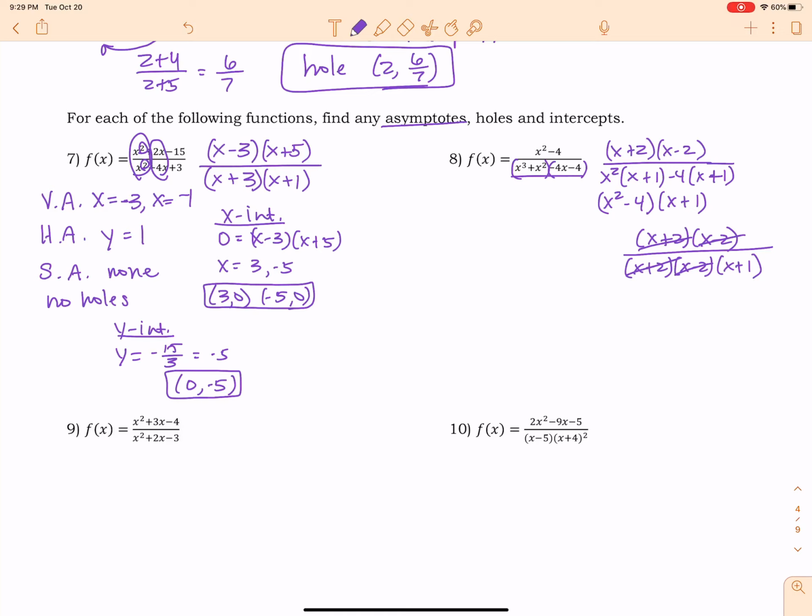Notice that the entire numerator is gone. That does not mean 0. It means 1. So my equation from which I will find all of my asymptotes is 1 over x plus 1. So I've got a vertical asymptote at x equals negative 1.